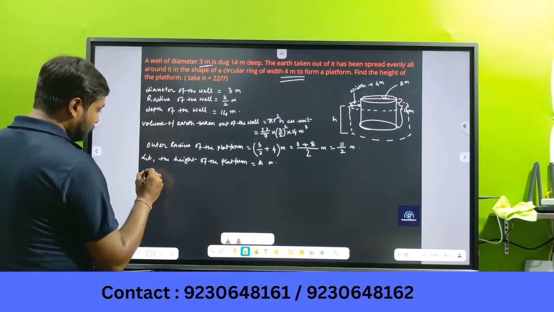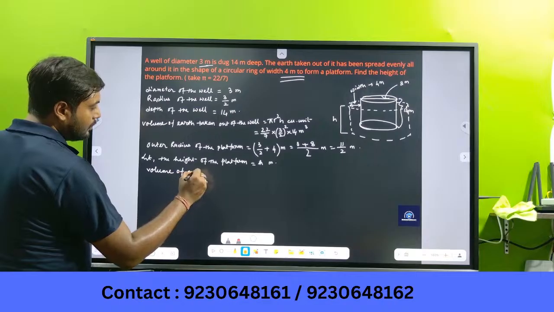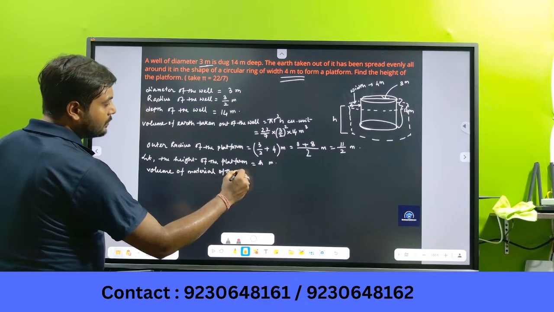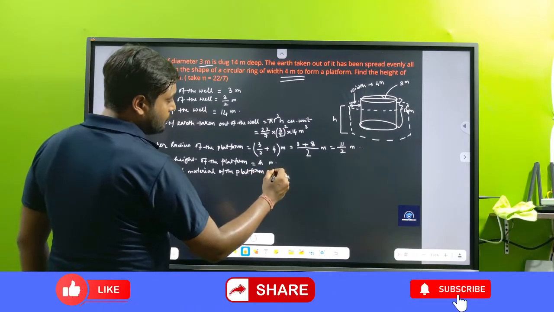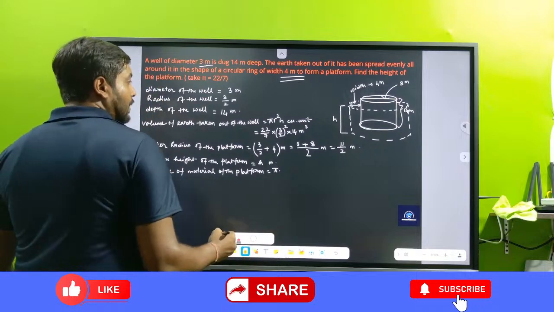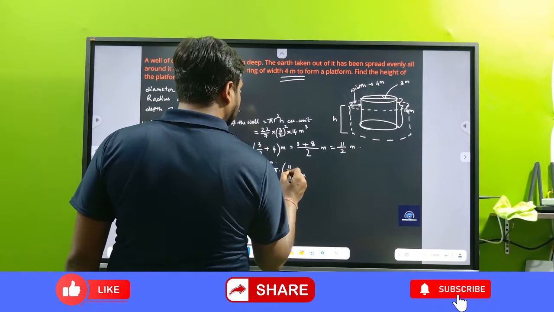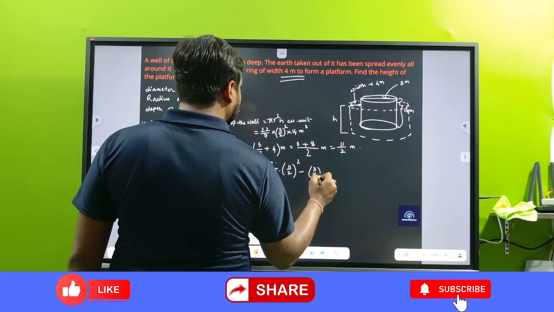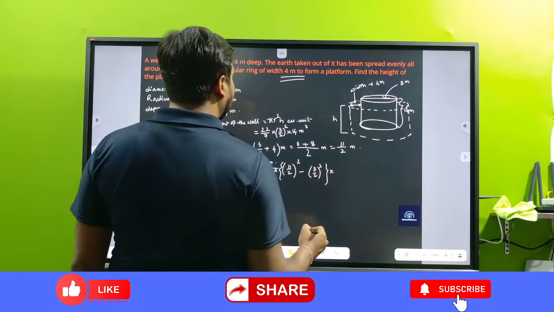So volume of material of the platform equals pi into outer radius square minus inner radius square into h.